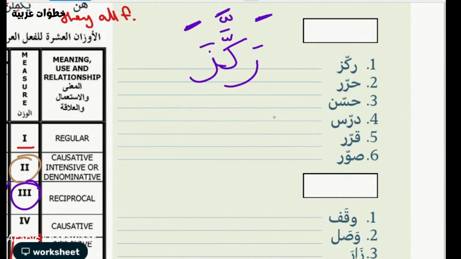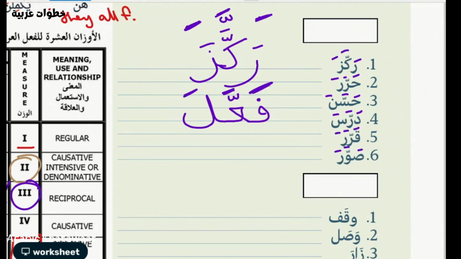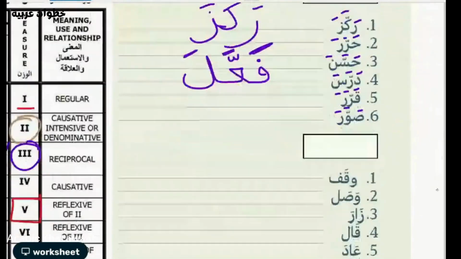If I reflect the pattern, I have to put fa, ain, lam, and I put the exact same short cases. فعّل. Now, ركز, حرر, حسن, درس, قرر, صور. See how they all sound the same. I put the short cases. You need to place the short cases yourself on all of them so you remember.